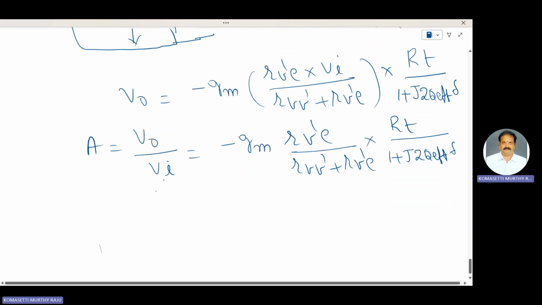At resonance, find out the voltage gain; resonance means at resonance.